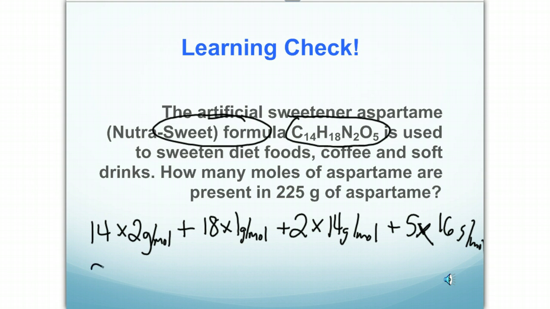All right, so we get 28 plus 18 plus 28 plus, what is that, 5 times 16, is that 80?